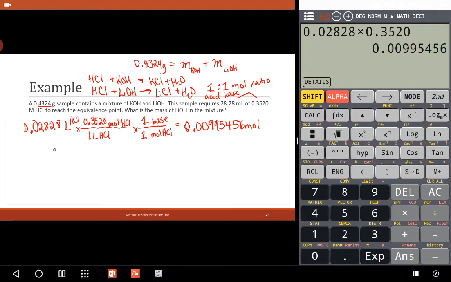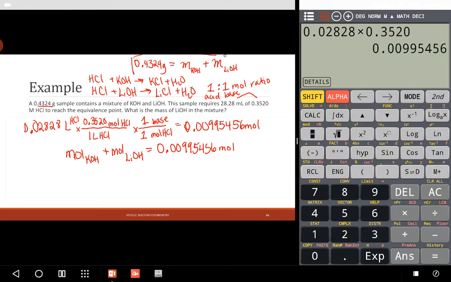Okay, so this tells us that the moles of potassium hydroxide plus the moles of lithium hydroxide is equal to 0.0099545 moles.